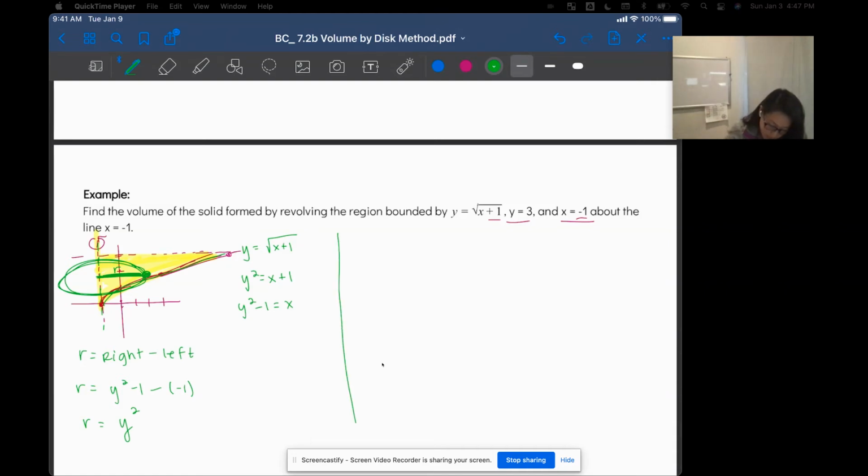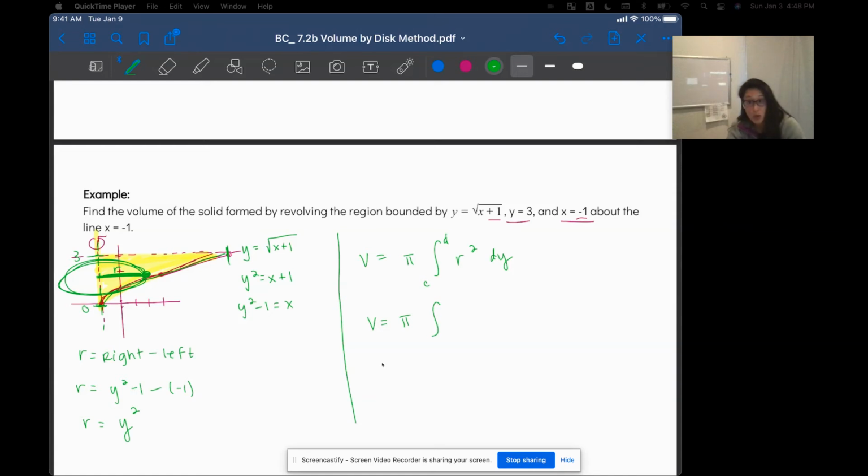Now we can figure out our volume. The volume is equal to pi times the integral from c to d of r squared dy. So the volume is equal to pi times, the lower bound would be 0. The upper bound is y is equal to 3. It's kind of nice. We didn't have to figure out what this intersection was.